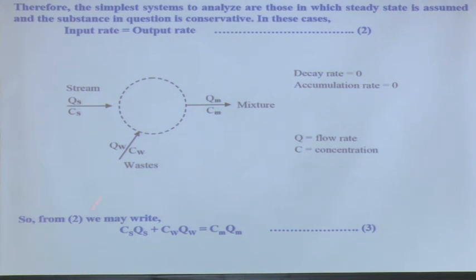In the sewage outfall, I am also throwing a similar type of material, with concentration Cw and flow rate Qw. So what will be the mixture? Multiplying concentration by flow rate converts it into mass. So Cs times Qs plus Cw times Qw is equal to Cm times Qm.